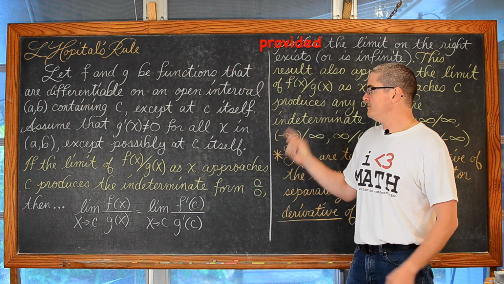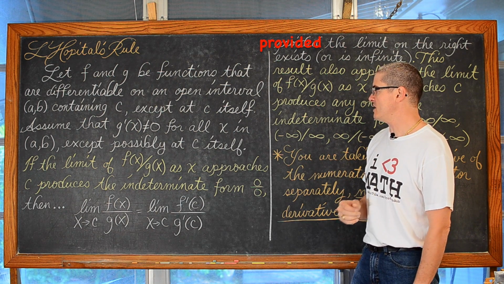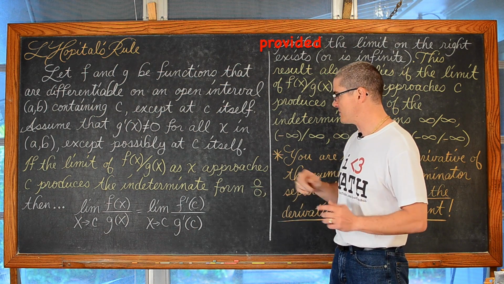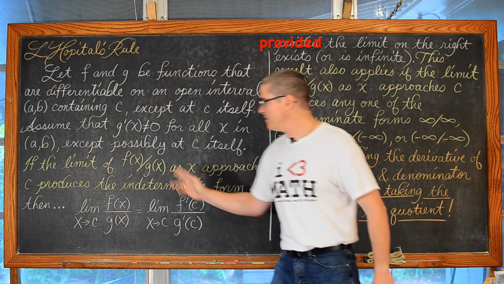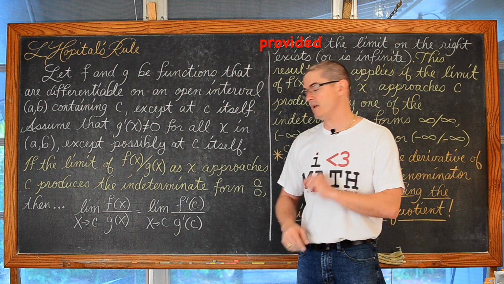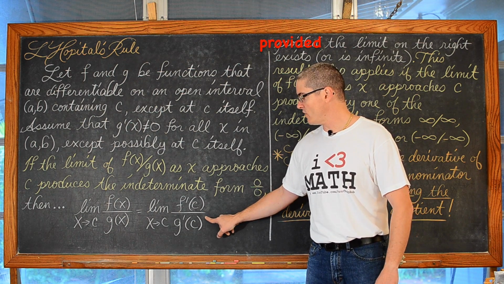And that's not good. If the limit of f of x over g of x as x approaches c produces the indeterminate form 0 over 0, then the limit as x approaches c of f of x over g of x is equal to the limit as x approaches c of f prime of x over g prime of x.